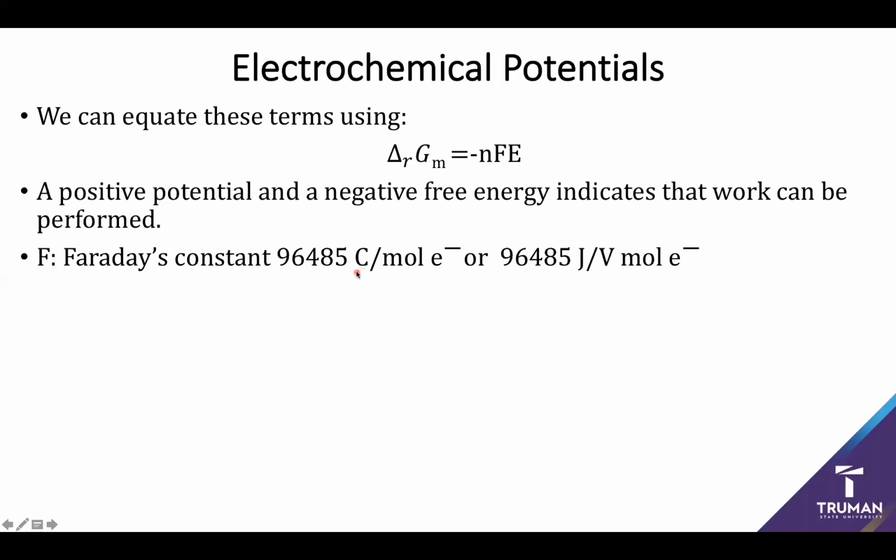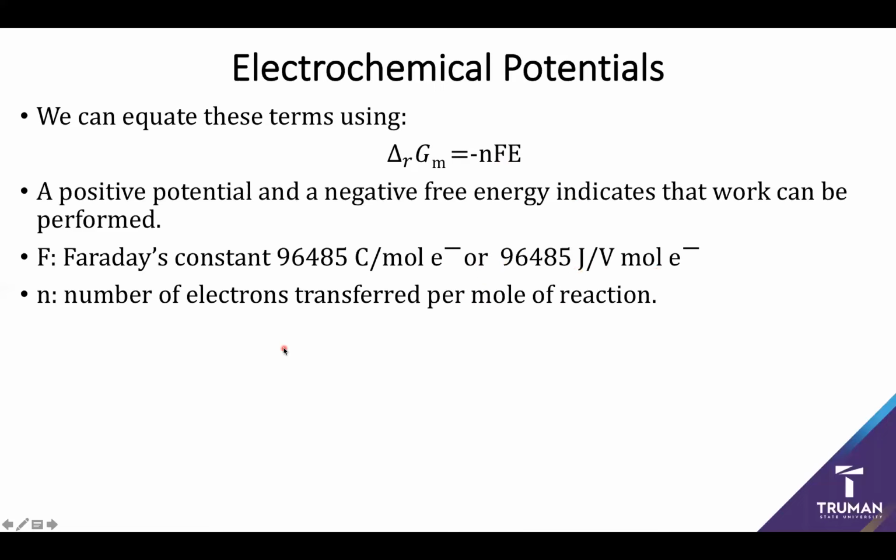If this is coulombs, and a volt is joules per coulomb, then Faraday's constant also has units of joules per volt per mole of electrons. This helps a lot of our units come together, because now a potential in volts times Faraday's constant gives me joules per mole of electrons. The only thing left to cancel out is the moles of electrons.